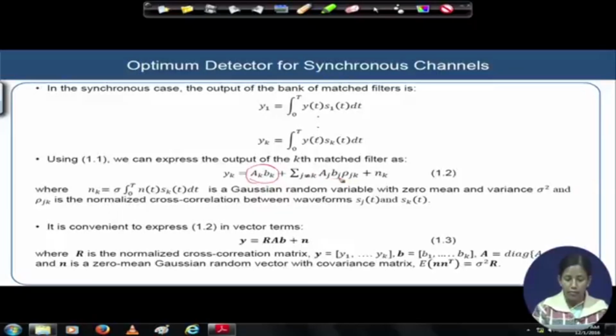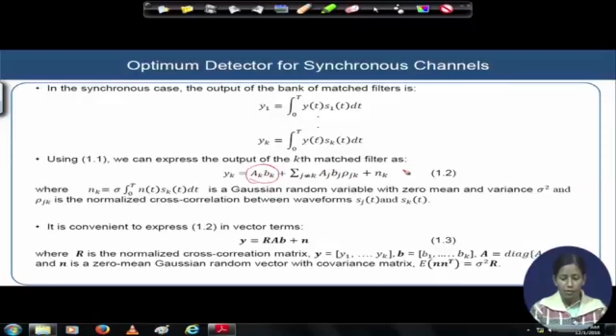For all the other remaining users you get another term associated with them, given by rho_jk. This rho_jk is the normalized cross-correlation between the two waveforms s_j and s_k, equivalently between the two different codes given to other users. This parameter contributes the amount of interference on the received signal.